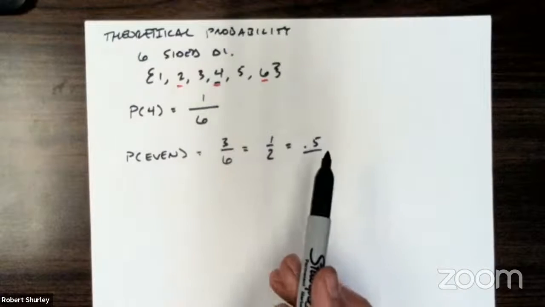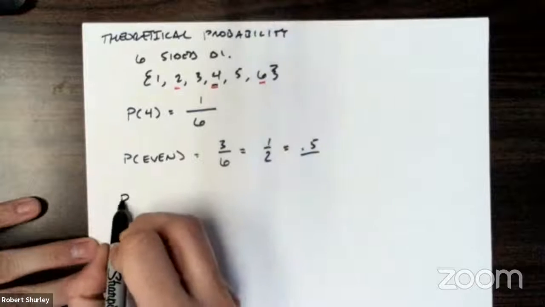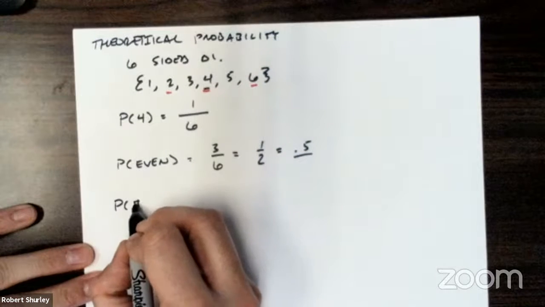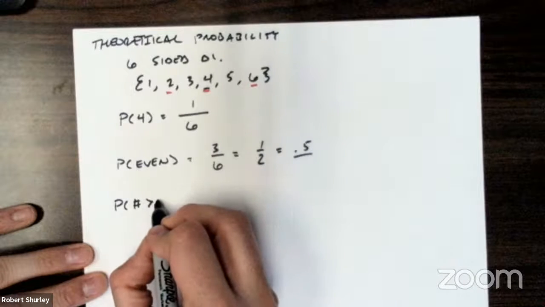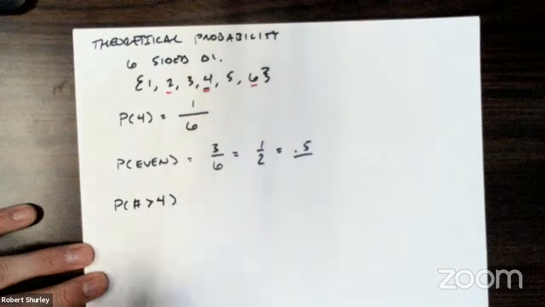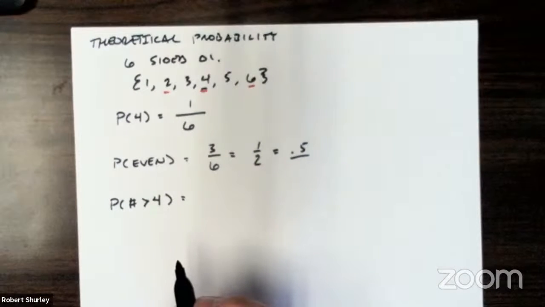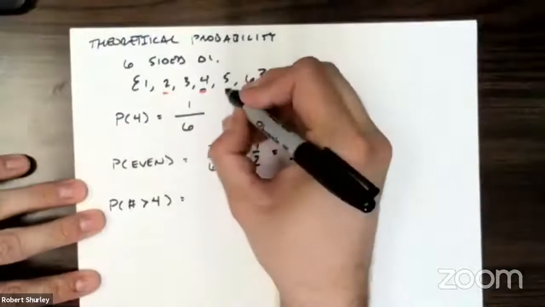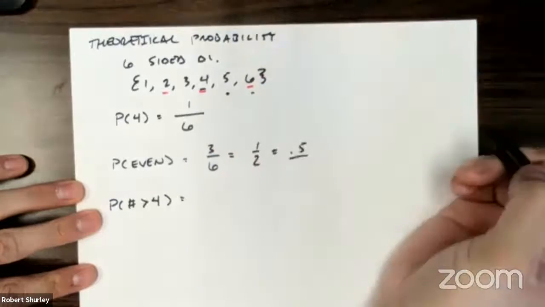What about the probability of rolling a number, we'll use just the pound sign for number, greater than 4? Well, let's see here. The only 2 numbers that are greater than 4 are 5 and 6, right?